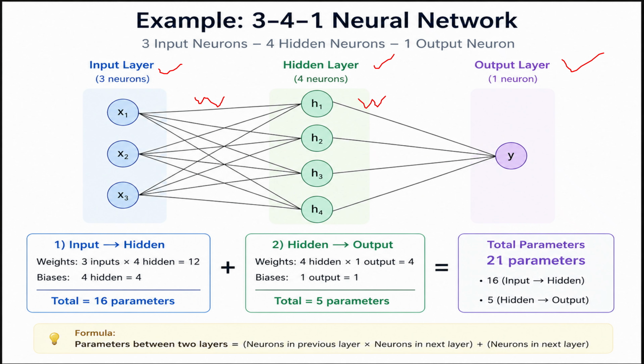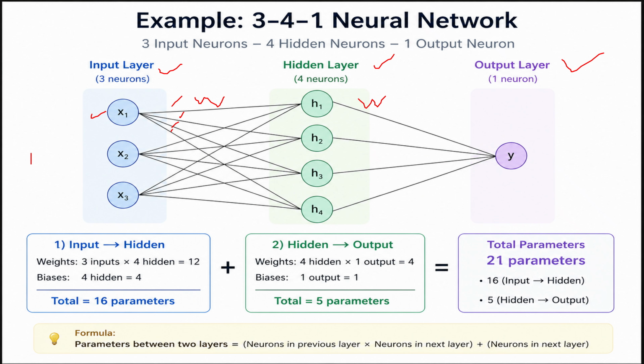So here, let's calculate how many parameters this model is going to have in total. On the input layer, how many weights do we have? 3 neurons connect to 4, so they are going to form 12 connections. You can think of it like this: 4 plus 4 plus 4.